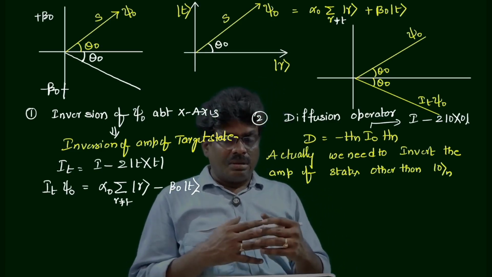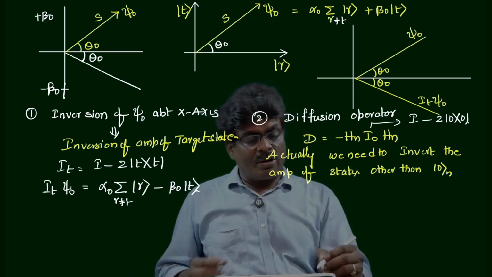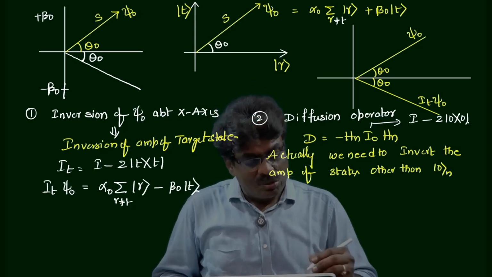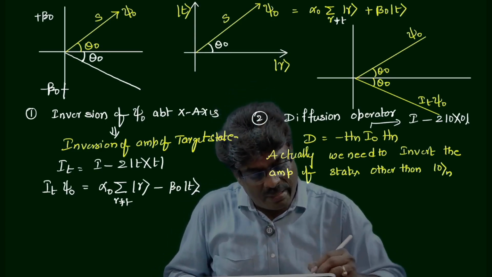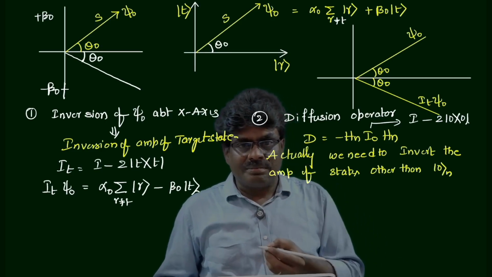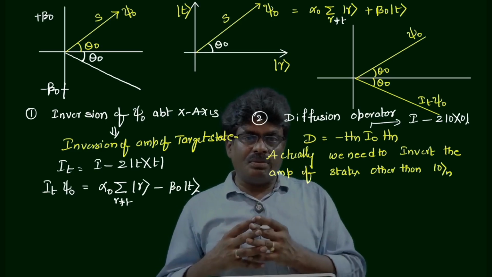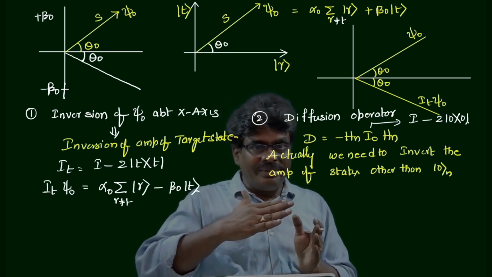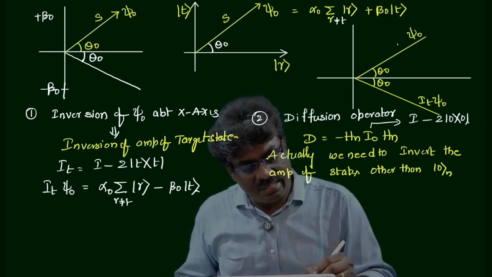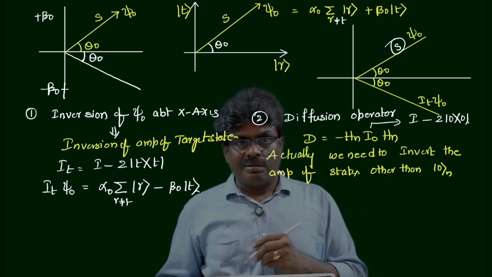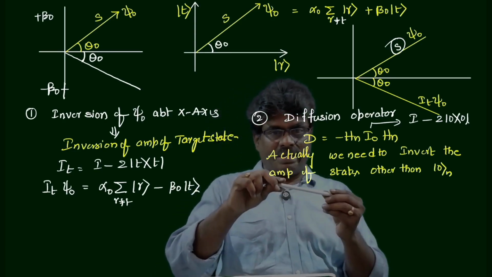Now we are talking about the diffusion operator, which is nothing but D. How to visualize physically what the diffusion operator is? It's just inversion about S, this initial state.